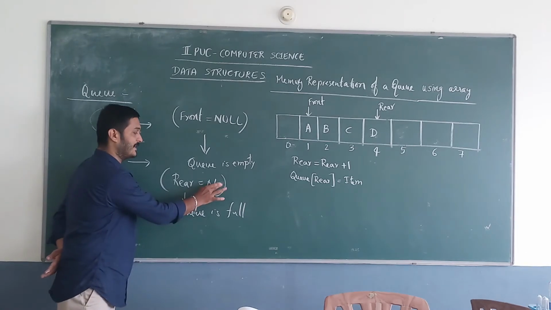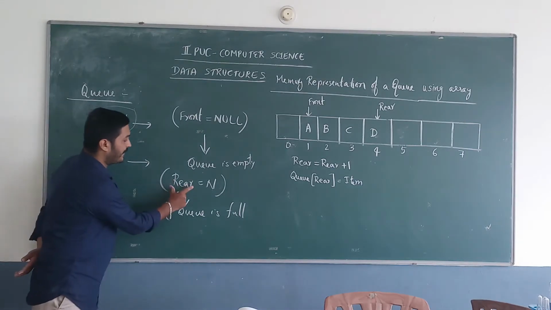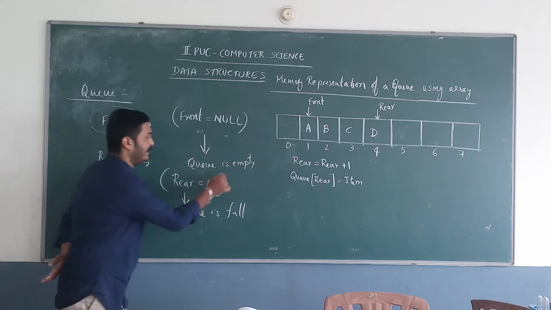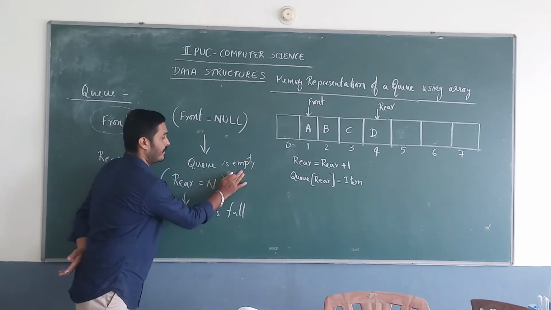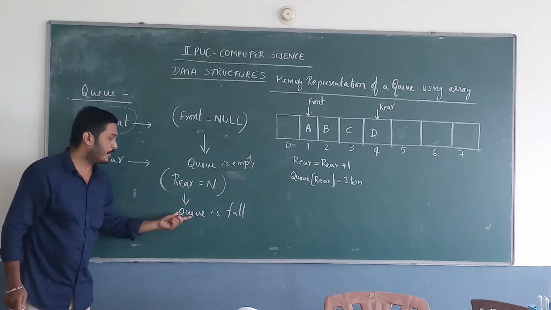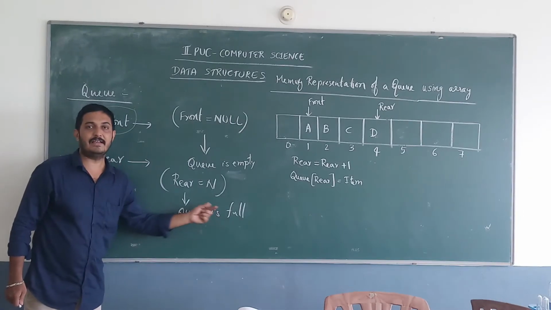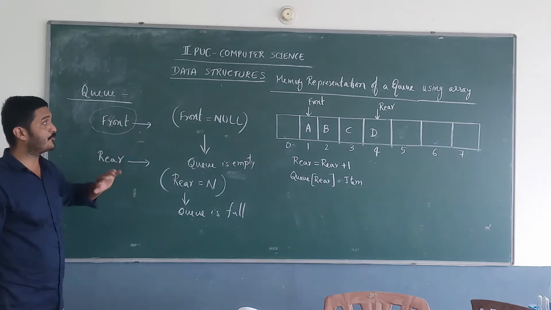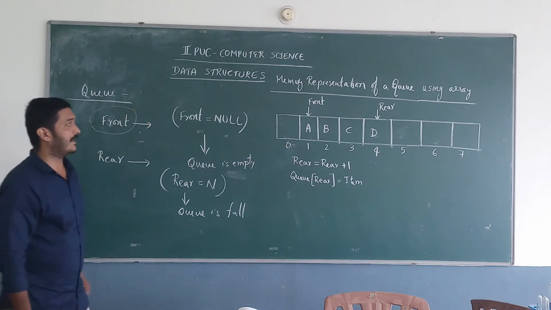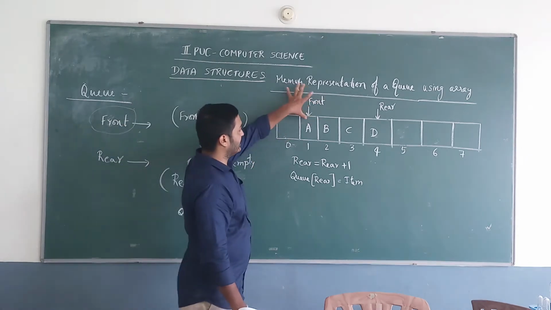Sometimes we can use rear equal to max also, if max is the total number of elements. Then the Queue is full. These two conditions must be checked during the execution of the Queue data structure. Okay, let us see this one.